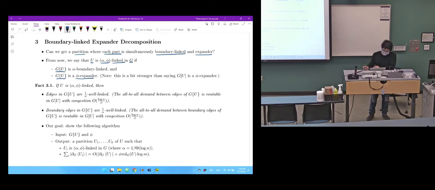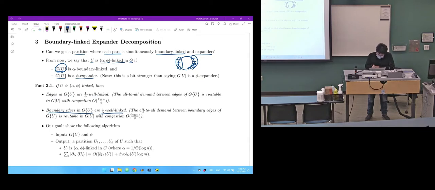This just means that the battery edges of this are alpha well linked.